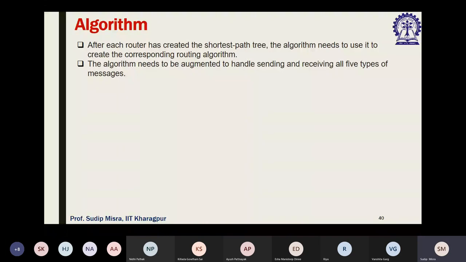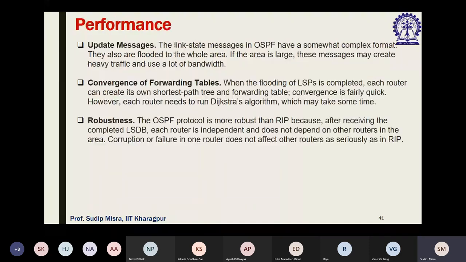Okay, and then like RIP, what are the performance measures of OSPF? Update message, convergence of forwarding tables and robustness. You see that the OSPF protocol is more robust than RIP.